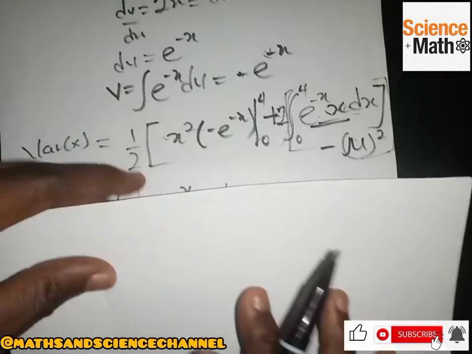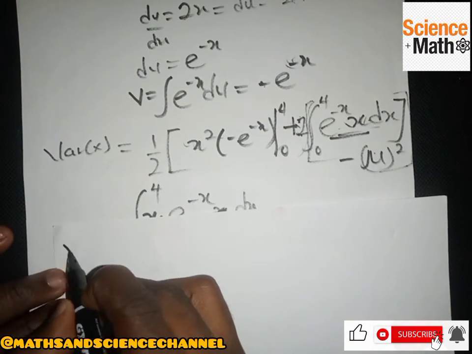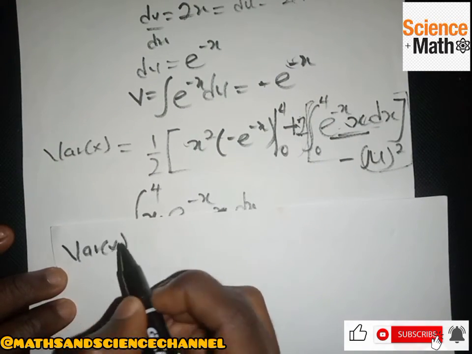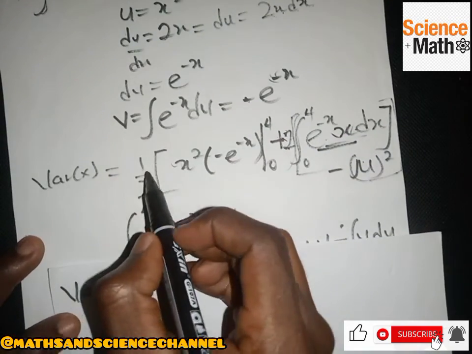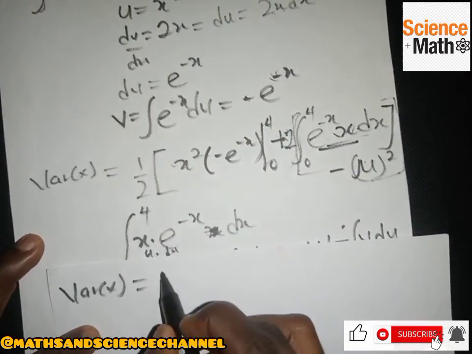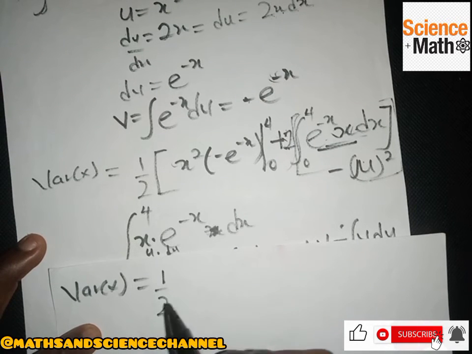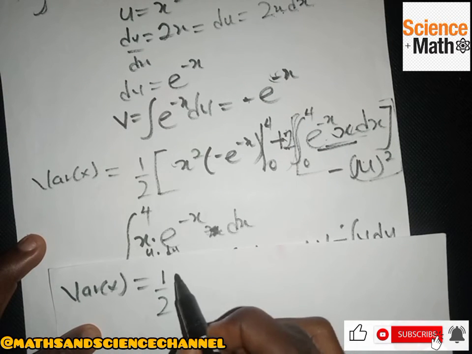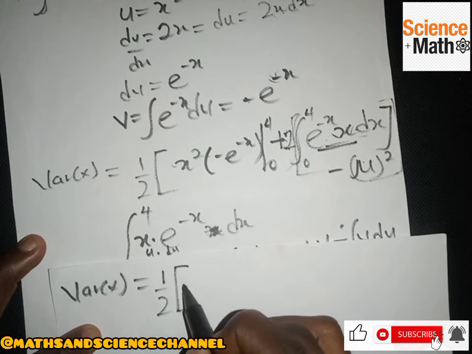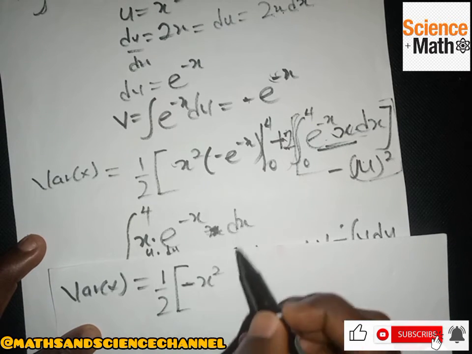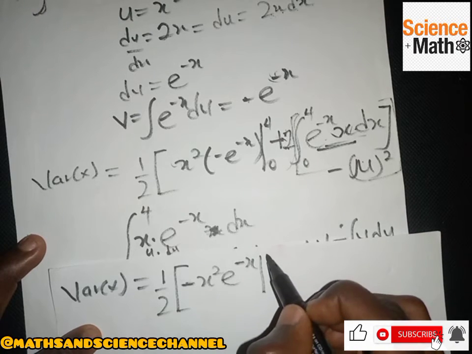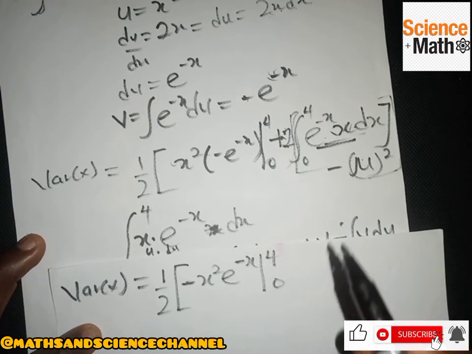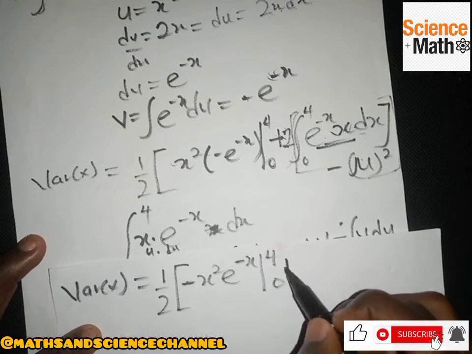So writing everything again, we have the variance of x here, and remember we already have this part there, so 1/2, and this time, okay, let's maintain the negative inside, so negative x squared e to the power minus x here, remember it's from 4 to 0, and then for this part we have plus 2.